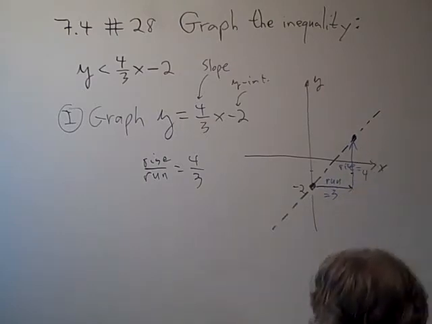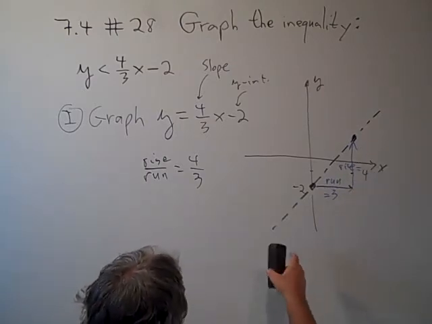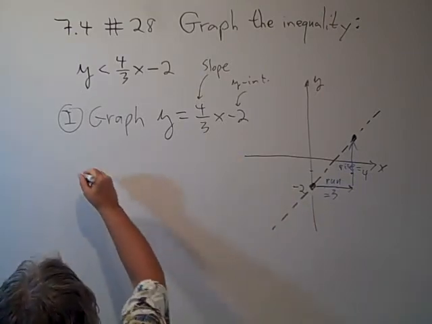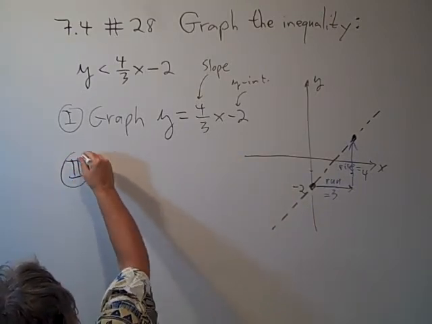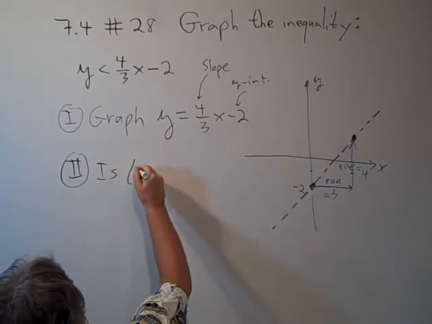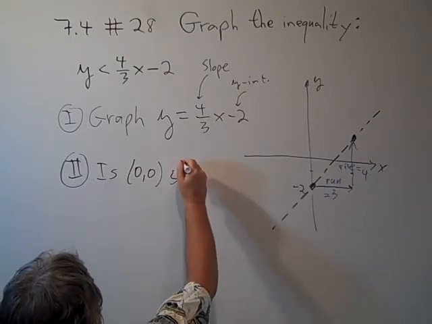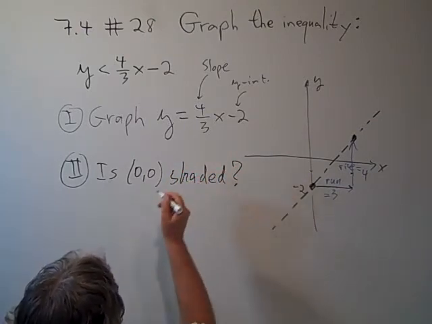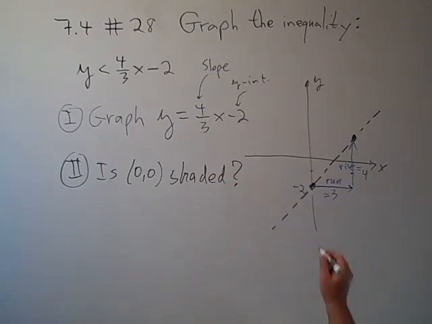Now for part 2 we have to figure out what side of the line is shaded. We can ask, is the origin shaded? Here's the origin.